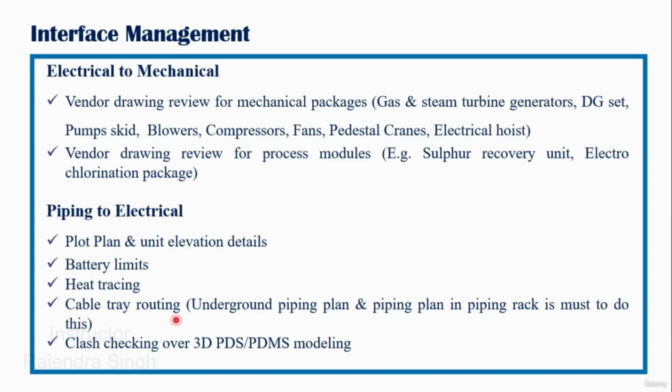Cable tray routing, underground piping plan and piping plan in pipe rack are a must to do this. So with respect to cable tray routing, the selection of pipe rack and the tier arrangements, all these things in the plant are frozen in discussion and alignment with the piping team.